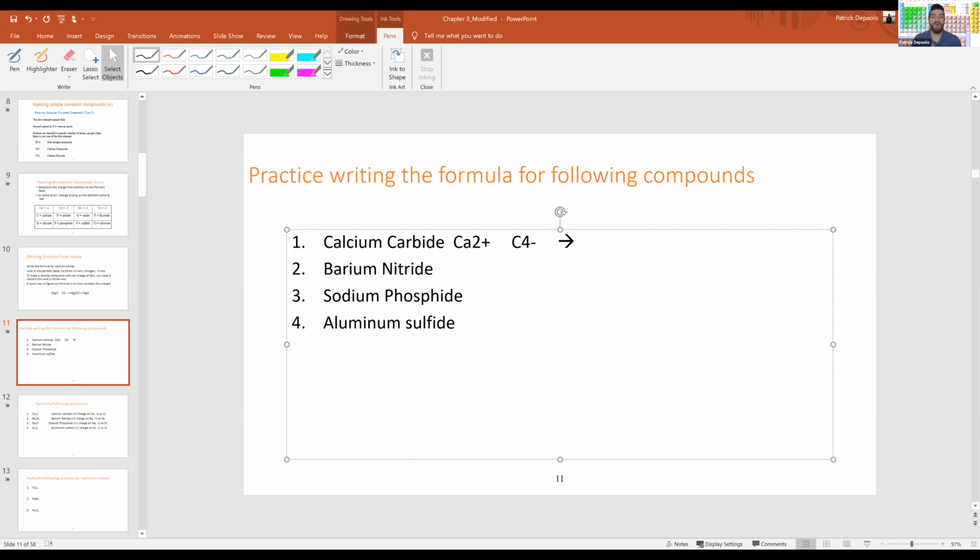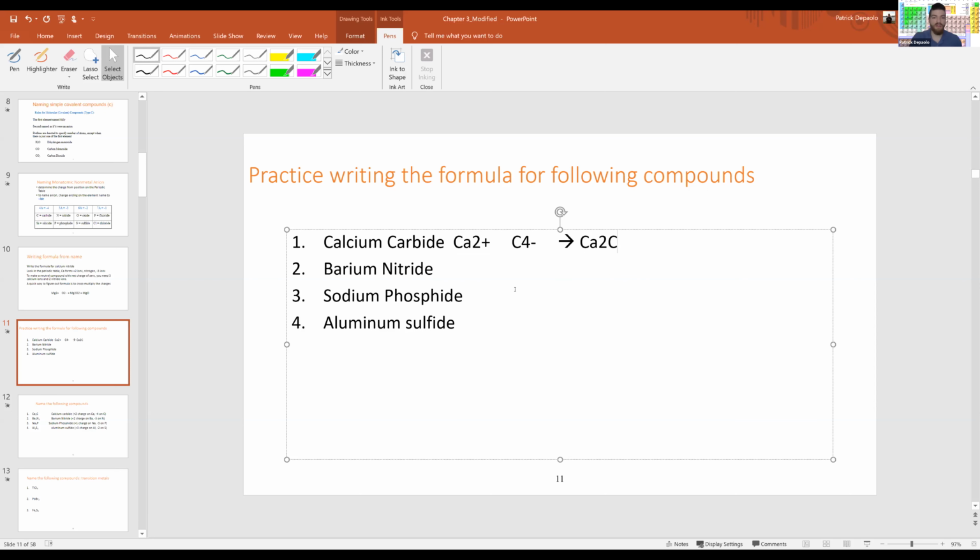You need to do the least common multiple. So if you do Ca2+, there needs to be 2 of them to cancel out with 1 carbide 4 minus. So you'd have Ca2C.